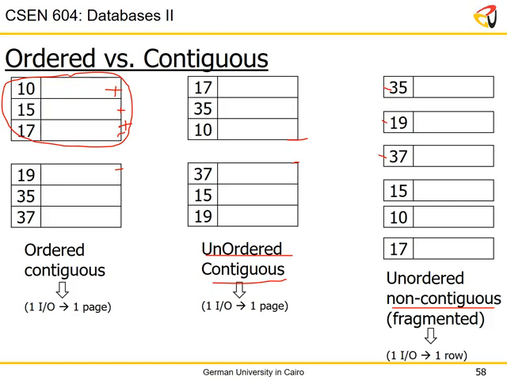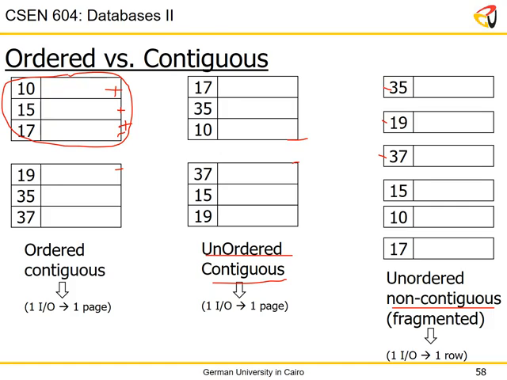Now I have a third scenario, which is the values in the column I'm interested in are not ordered, and the relation is not contiguous, which means the rows are not stored in the same cylinder. They could be partly stored in a cylinder and partly on some other cylinder.